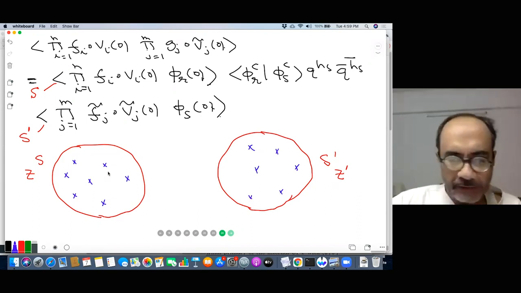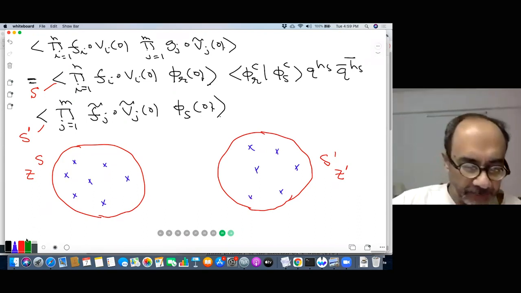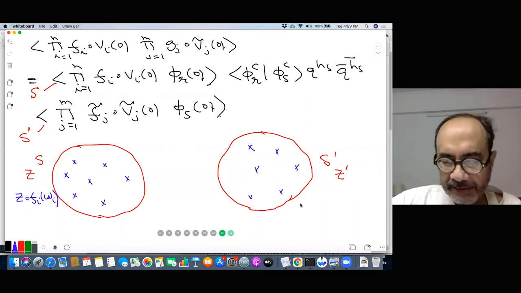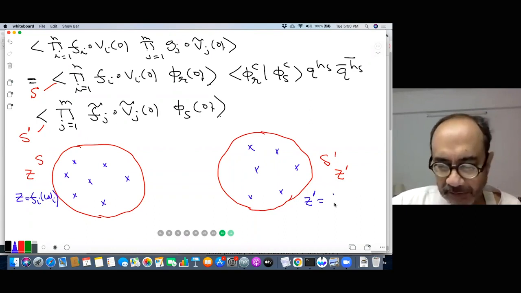So on this side, I have the relationship Z equal to fi of wi, where wi's are the local coordinates around these punctures. On this side, I have the relation Z prime equal to f tilde j of w prime j. You'll see here you have the local coordinates f tilde j around these punctures.